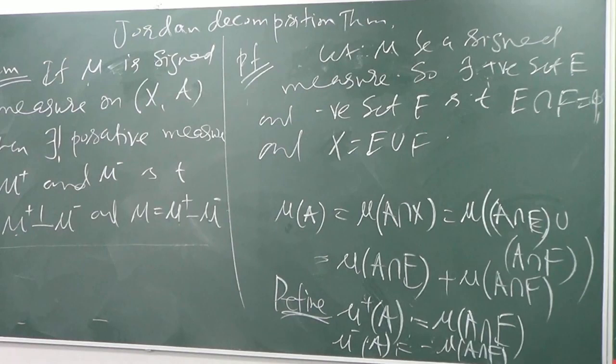Now, since mu plus' is singular to mu minus', the definition tells me that I can find two sets E and F which are disjoint, not necessarily negative and positive. I can find two sets which are disjoint and whose union is X, such that one of them is 0 under one measure and the other is 0 under the other measure.